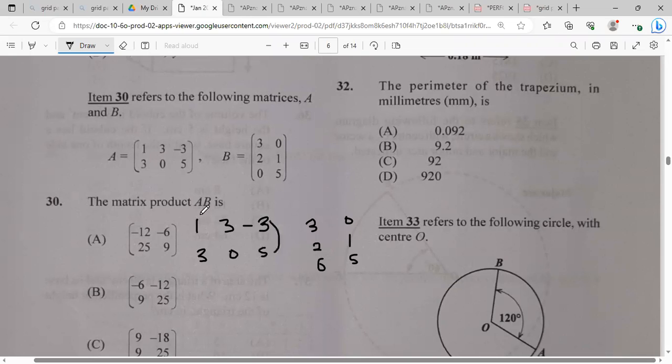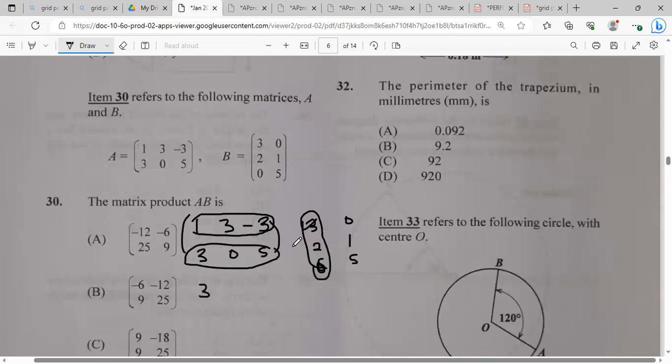Alright, so we know the first one will be rows and the second one will be columns, right? So, alright, let's go. So 1, 3, that's 3. 3, 2, 6. Negative 3 times that is 0. So we don't need row 1 and column 1.